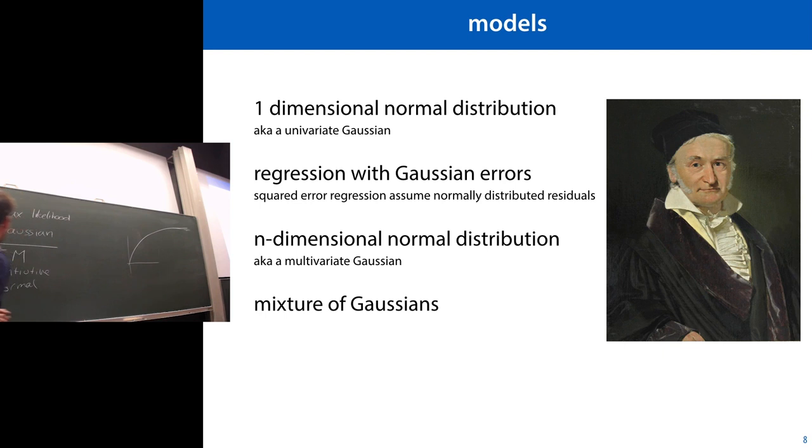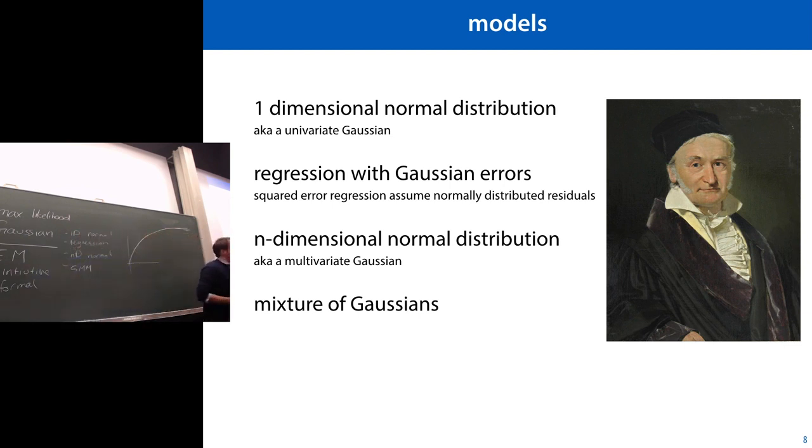So let's have a look at these normal distributions. These are the 4 that we're going to look at. Let's write them down. 1D normal, the regression model, the ND normal distribution, the multivariate normal distribution, and then finally the mixture of Gaussians.